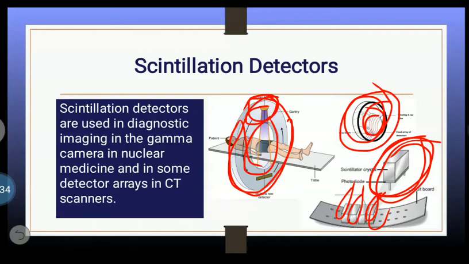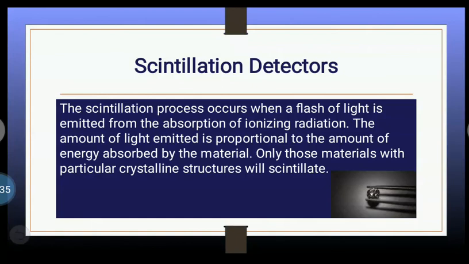So the scintillation detector process occurs when a flash of light is emitted from the absorption of ionizing radiation. Okay? So there is again absorption and emission of light. The amount of light emitted is proportional to the amount of energy absorbed by the material.